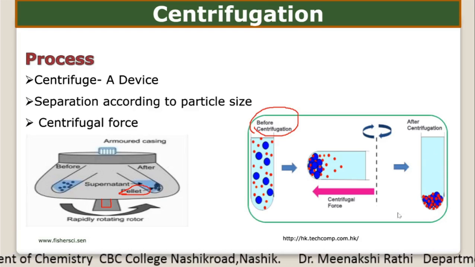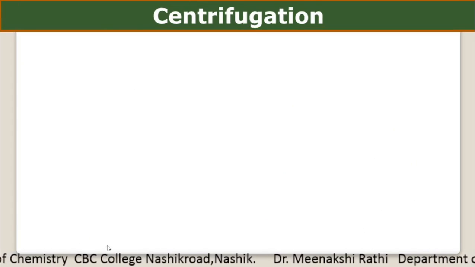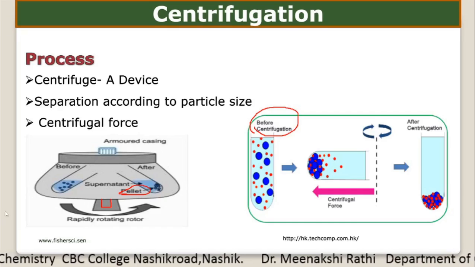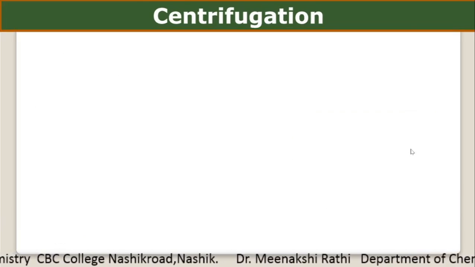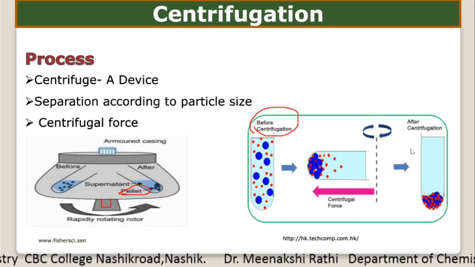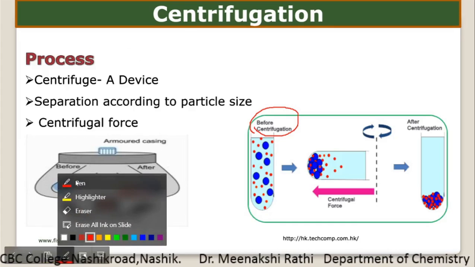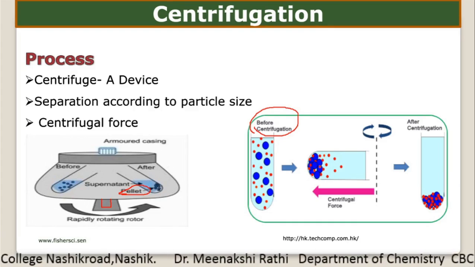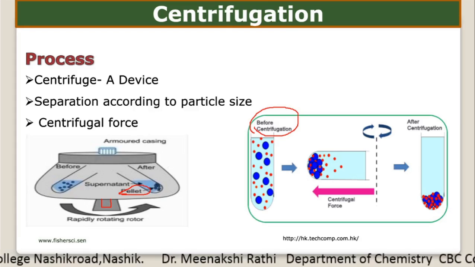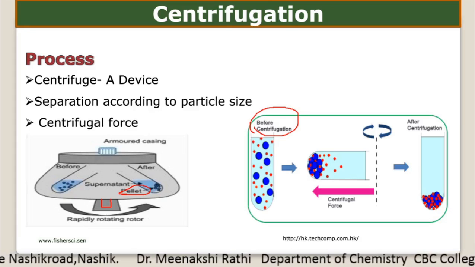So when they get separated, here we get pellets, and here we get the supernatant liquid. So in this way, by using this mechanical process, the supernatant liquid or liquid gets separated from solid.